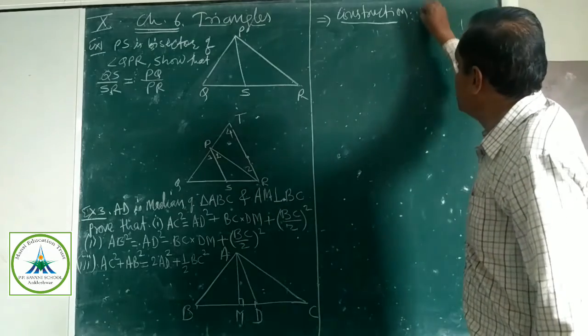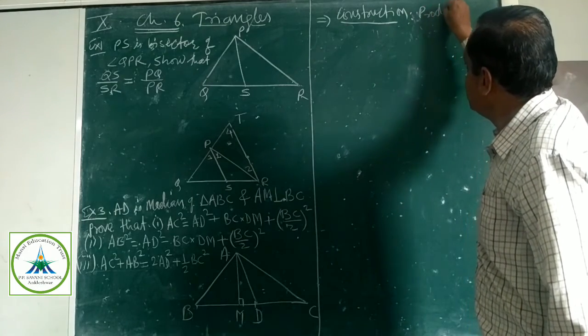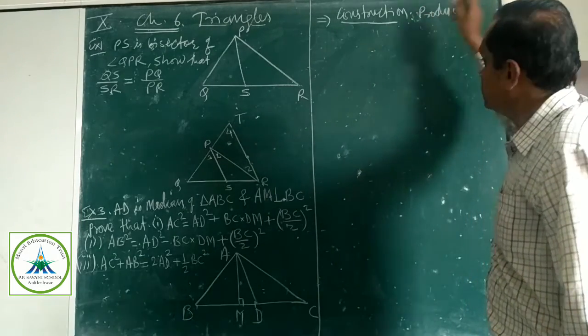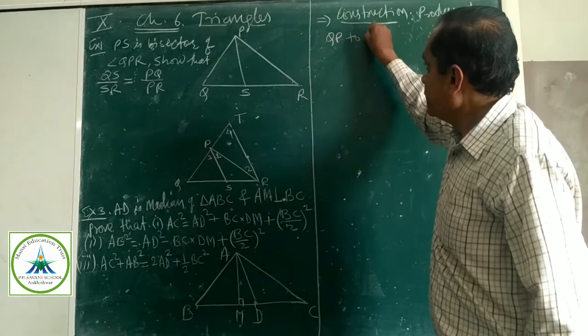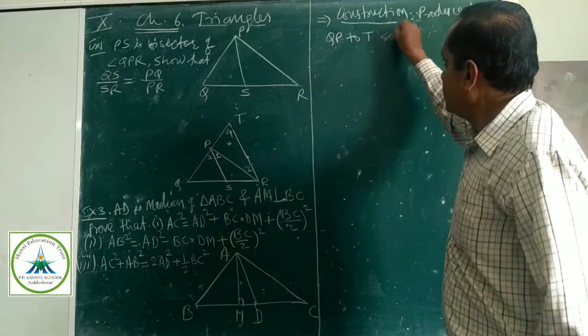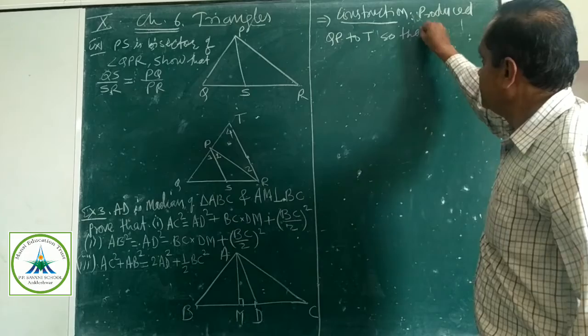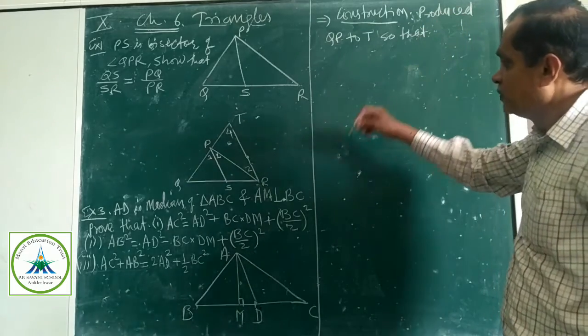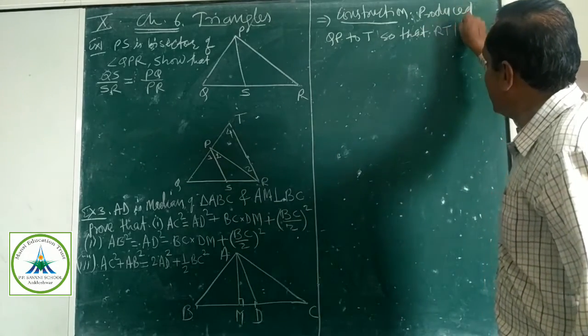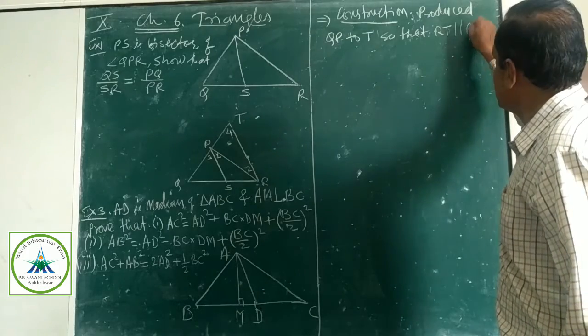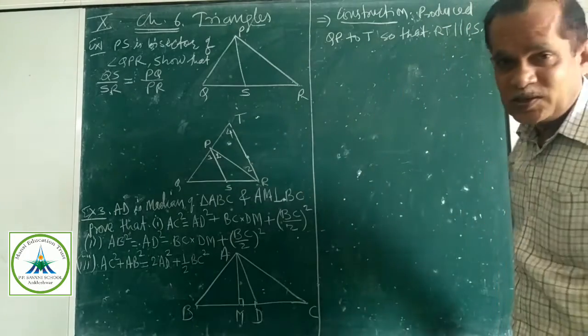Construction: produce QP to T, so that RT is parallel to PS.